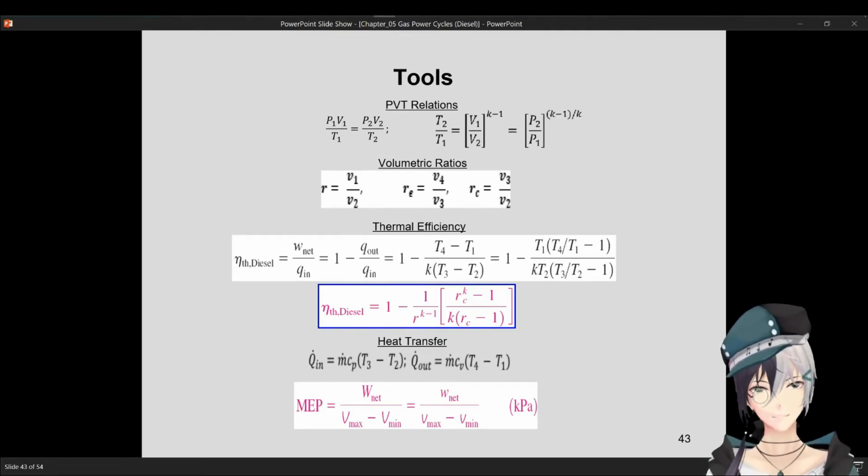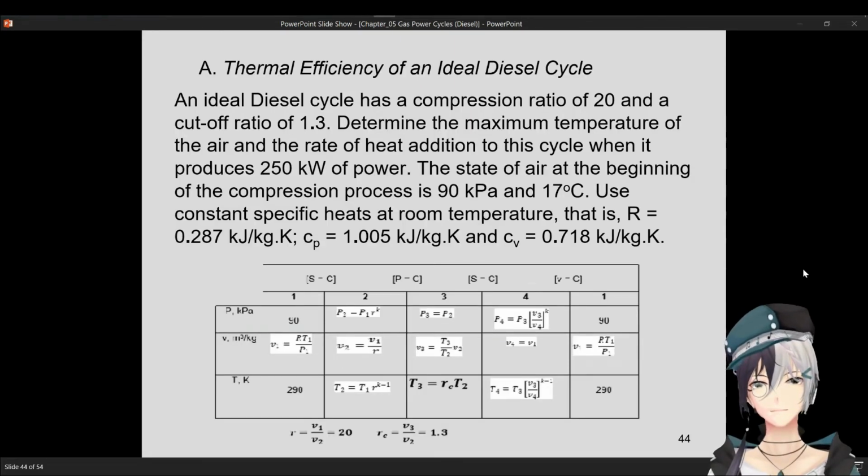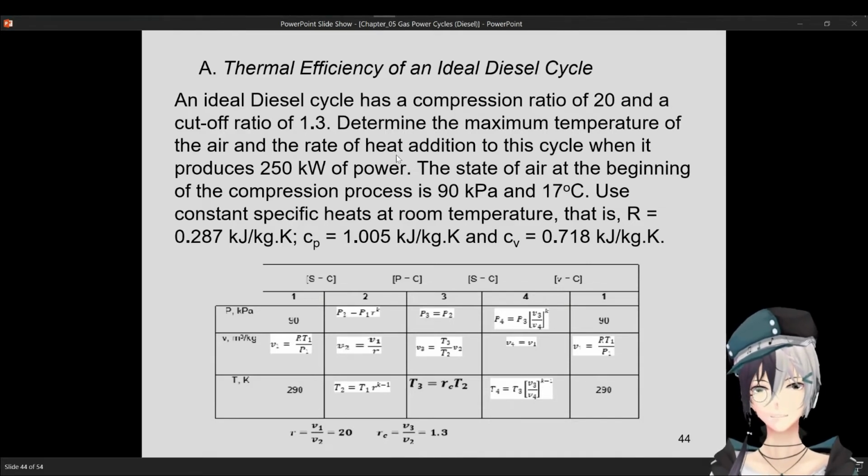So let's have a sample problem. We have this ideal diesel cycle. You are given a compression ratio of 20, that is R, and a cut-off ratio of 1.3, that is R sub C. We are asked to determine the maximum temperature of the air and the rate of heat addition to this cycle when it produces 250 kilowatts of power.